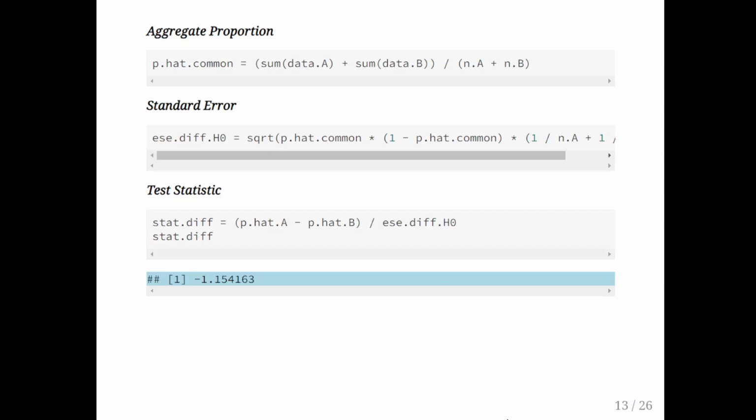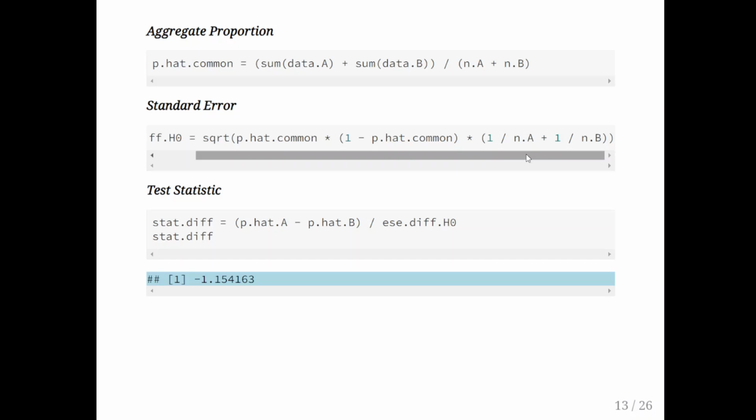So here we have the standard error ese.diff.h0 on the expected sampling distribution under the null hypothesis. And we have the square root of p hat common times 1 minus p hat common times 1 over NA plus 1 over NB. Again, a little bit long-winded, but essentially this is just a codification of the usual standard error formula that you would encounter at some stage.